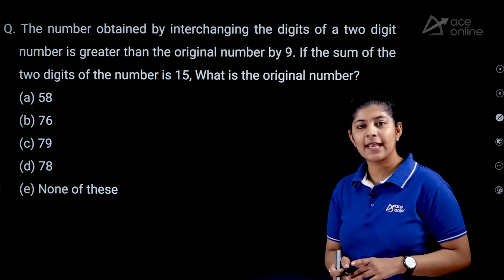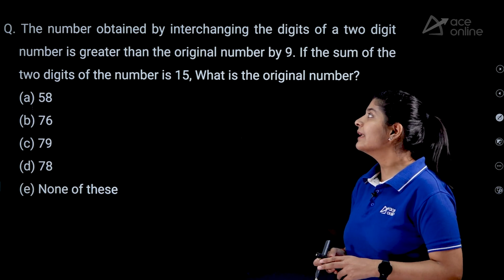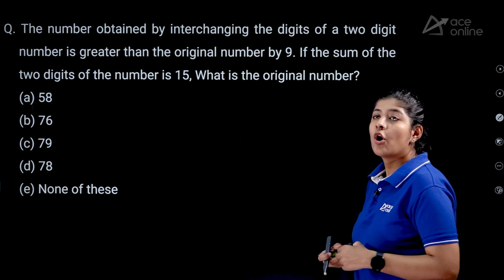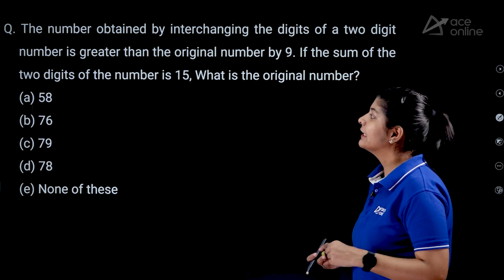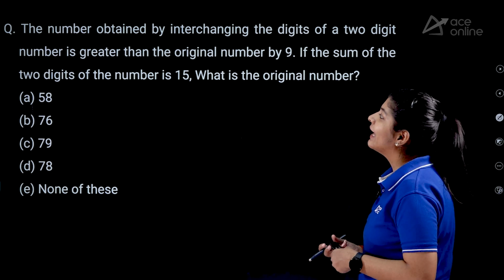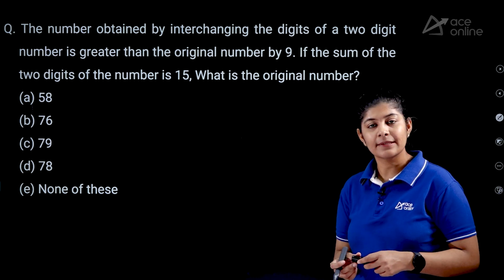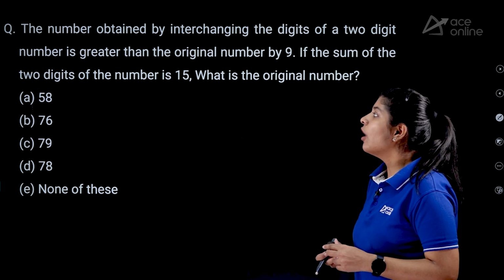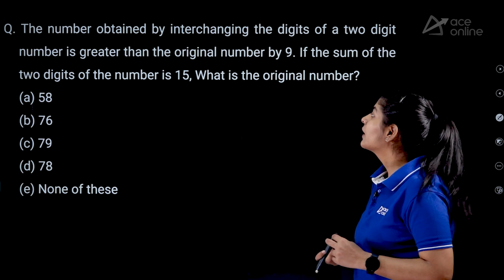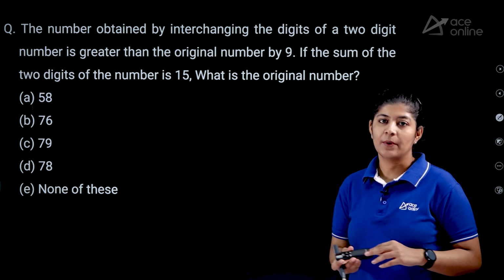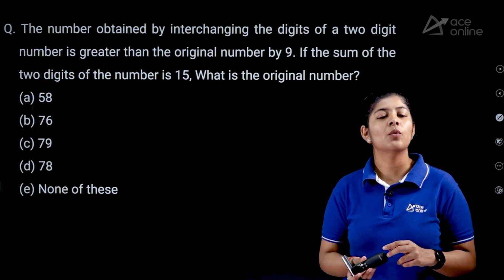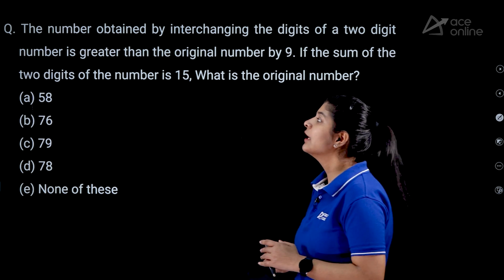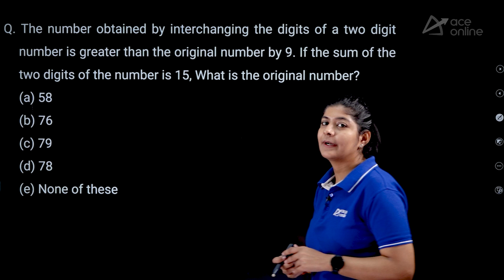The question says that the number obtained by interchanging the digits of a 2-digit number is greater than the original number by 9 if the sum of the 2 digits of the number is 15. What is the original number? We have to find out the original number. This is a very simple question. We can easily determine the answer.